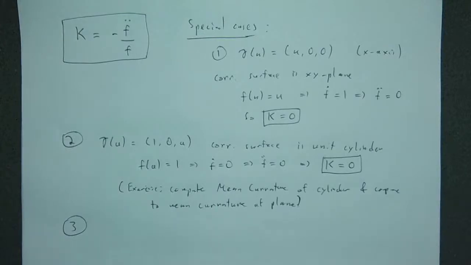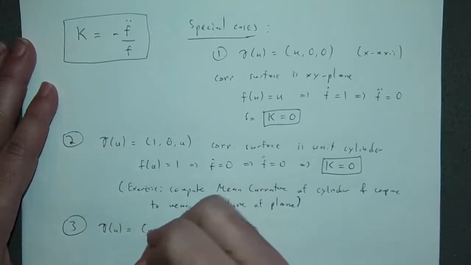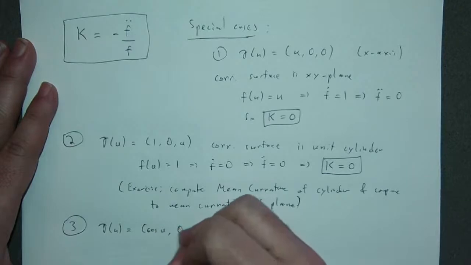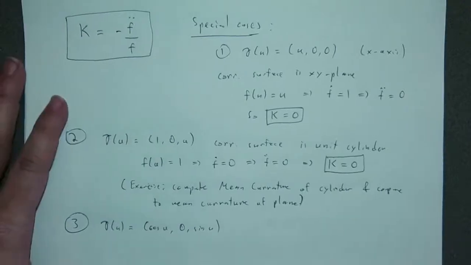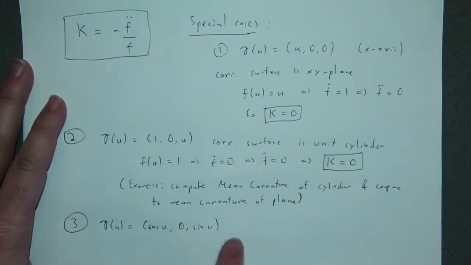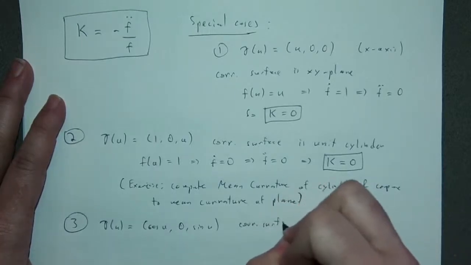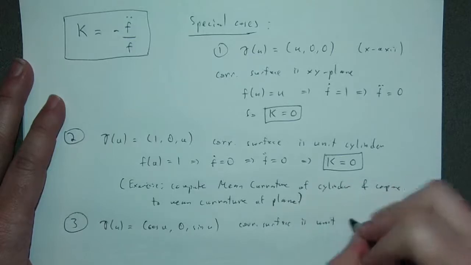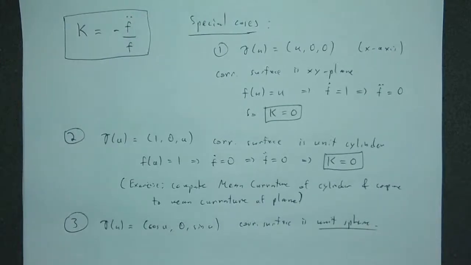Another special case, what if the profile curve is, say, cosine u, 0, sine u? Okay. Well, this is a circle of radius 1. If I rotate this thing out, what do I get here? I get a sphere. I get the unit sphere. So the corresponding surface is the unit sphere.